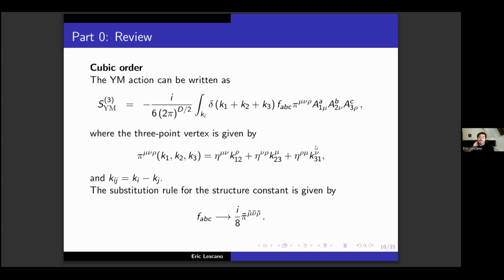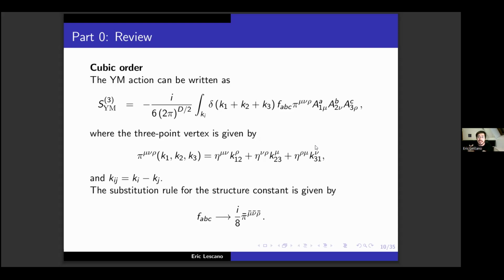So if we want to do the same at cubic order, exactly the same procedure, we should factorize somehow. We go to momentum space again. We factorize our A cubic, like you are seeing in this moment. We have our structure constant now. In this particular order, we don't have the Cartan-Killing metric, but we have the structure constant. So the idea is exactly the same as before. We want a Yang-Mills cross Yang-Mills Lagrangian.